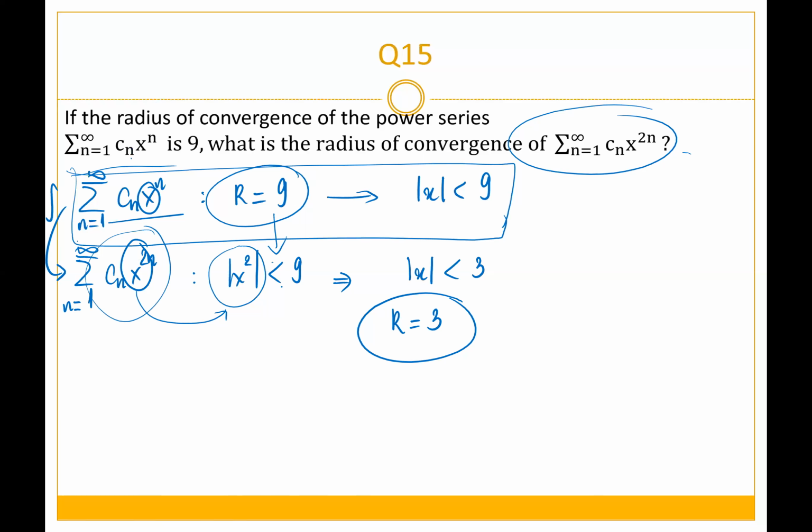And so from that, you proceed to absolute value of x smaller than 3, because the radius we're looking for is with respect to x and not with respect to x squared. Therefore, our actual radius is going to be 3. Do you see the logic here that I'm talking about?